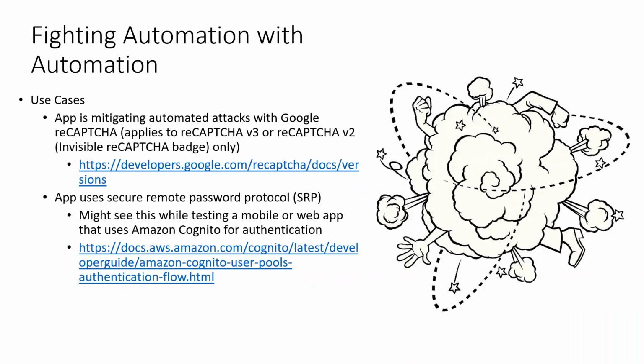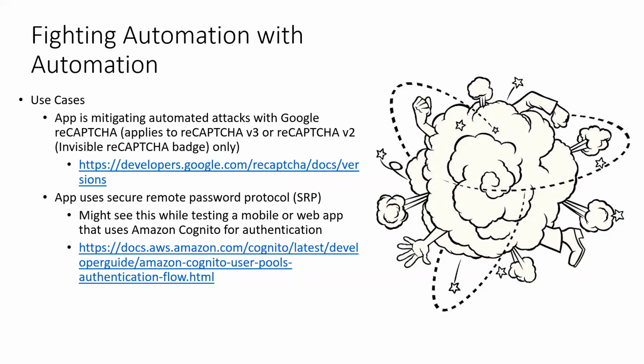So the first topic I want to touch on is fighting automation with automation. We'll use this use case of reCAPTCHA. A couple of the reCAPTCHA flavors are essentially solving JavaScript challenges, which is a problem if you're using something like Burp Intruder, because Intruder doesn't have functionality to solve a JavaScript challenge for you and include that in the request.